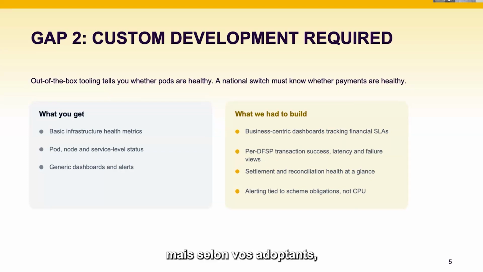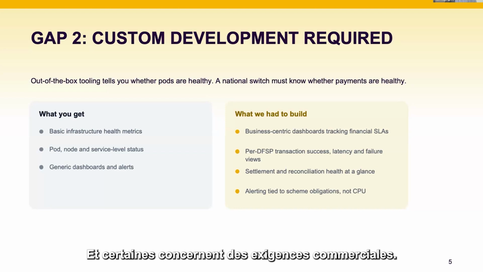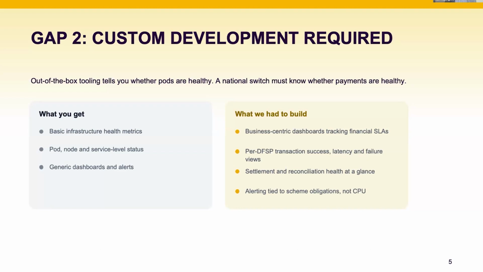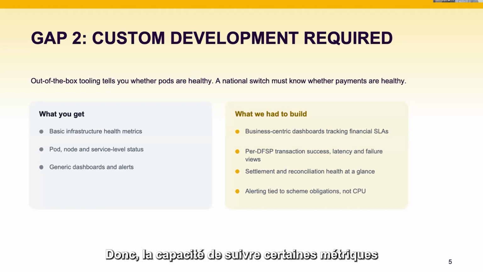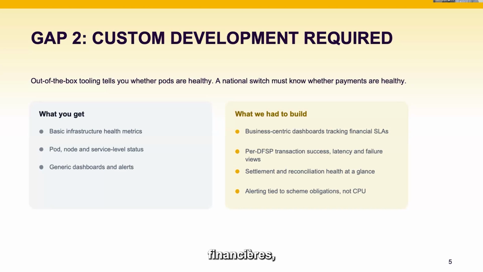But then, depending on your adopters, you will have some that have very specific requirements, and some of those had to deal with business requirements, right? For instance, the hub operator, being our switch here, needed to have a business-centric dashboard, so the ability to track some financial metrics to meet the SLAs that they have.